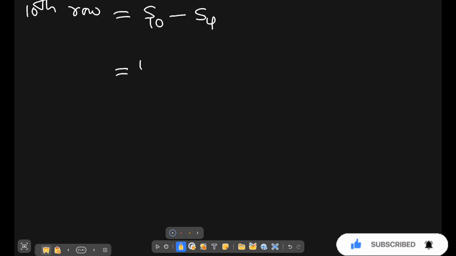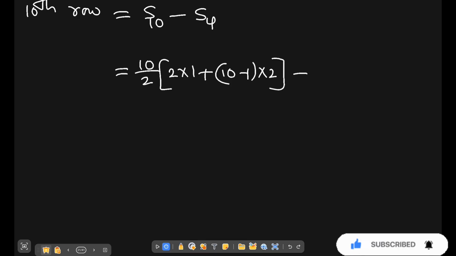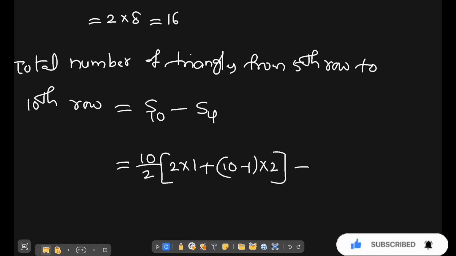So how do you find S10? 10 by 2 of 2a plus n minus 1, 10 minus 1, into common difference 2, minus S4. Just now we got S4, the total number of triangles in the first four rows, so 16.